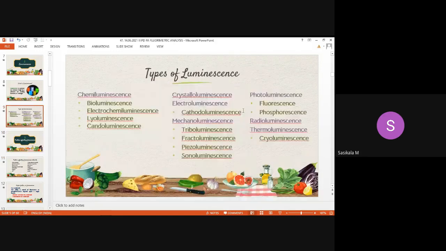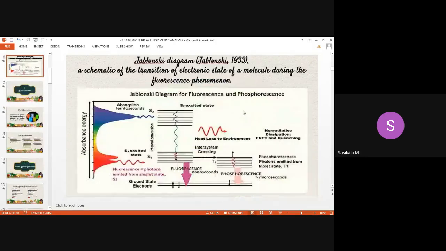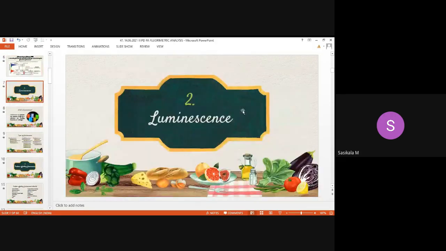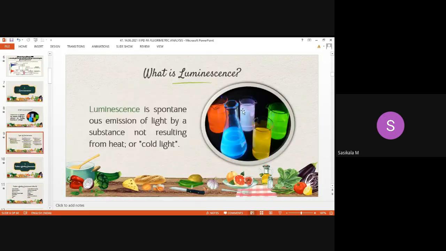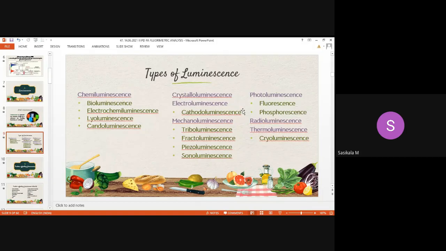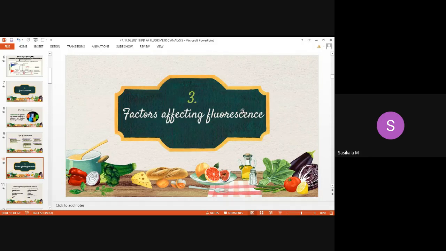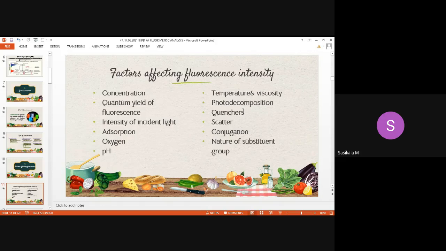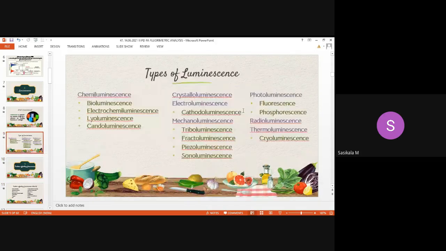So you have to write what is fluorescence, what is the theory behind fluorescence, what is luminescence, where fluorescence and phosphorescence come under luminescence. It is a type of luminescence we have seen. So what kind of luminescence are they? Photoluminescence. Okay. Then let's see how photoluminescence is affected by different factors. In that, mainly fluorescence we are going to discuss, not phosphorescence.